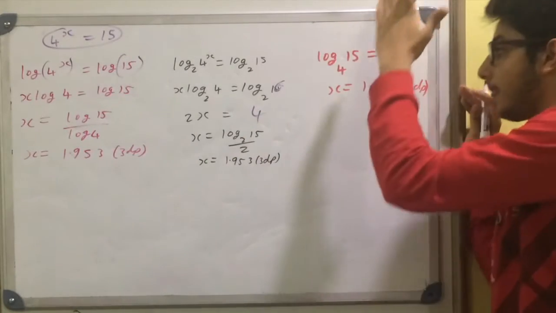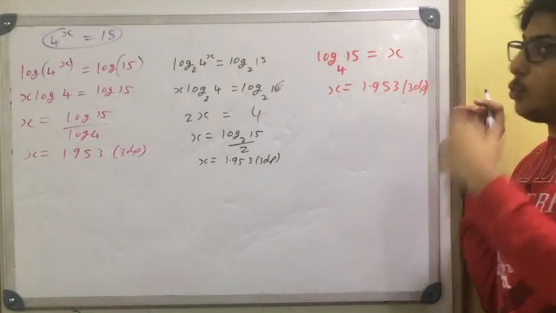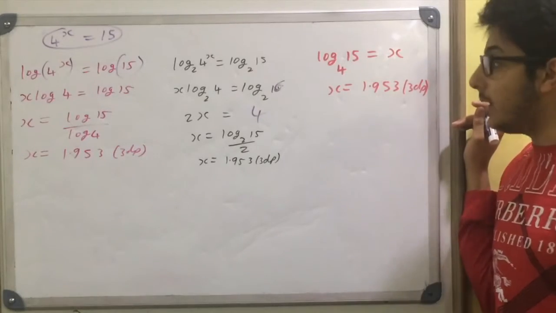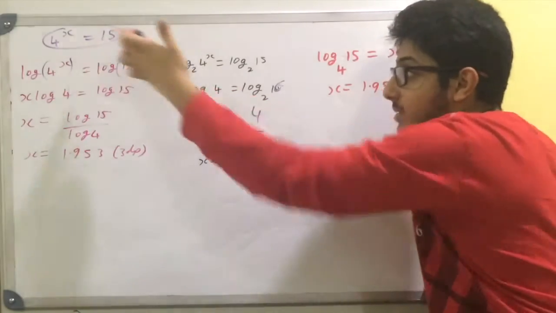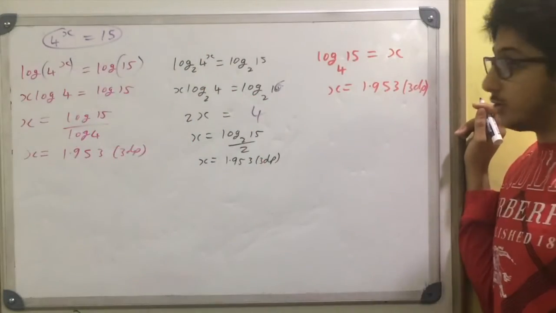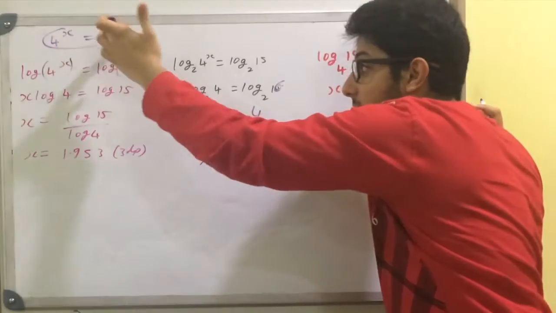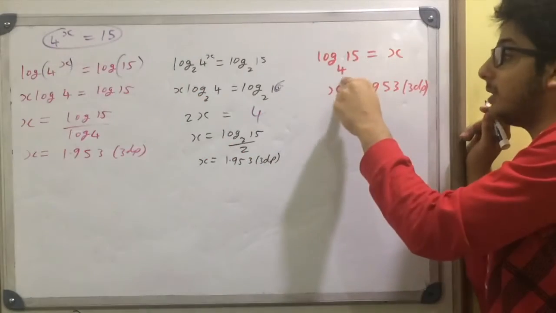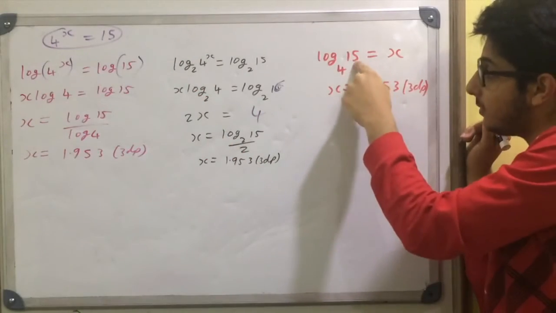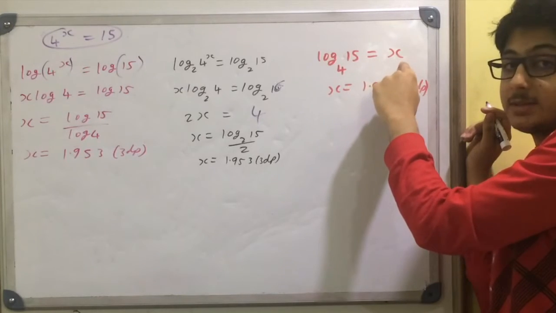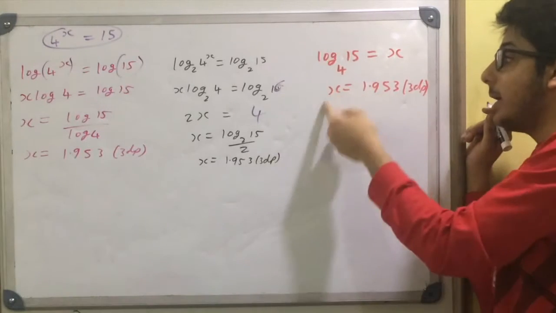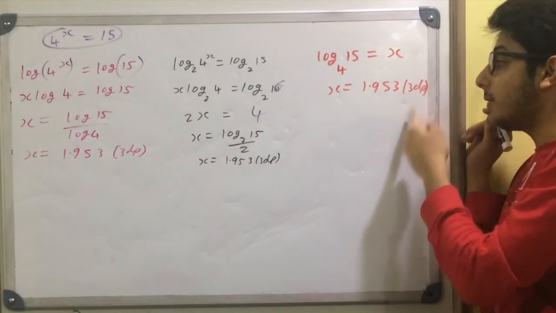Okay? Now, the easiest and quickest way to do it, the most common way, alright, just convert this exponential function into a logarithmic function. So 4 to the power of x gives you 15. What power do you have to give 4 to get to 15? Well, that's x. So you just put it in logarithm form, and you get x equal to 1.953.